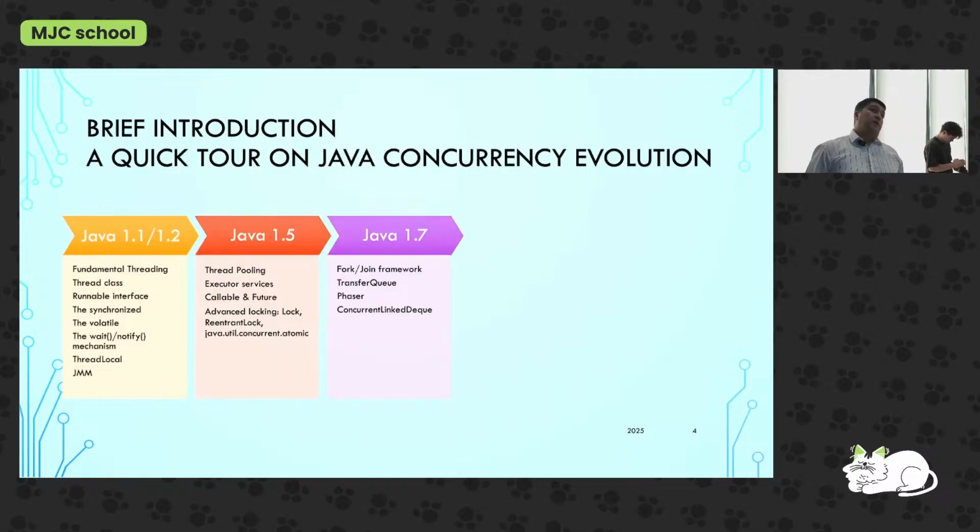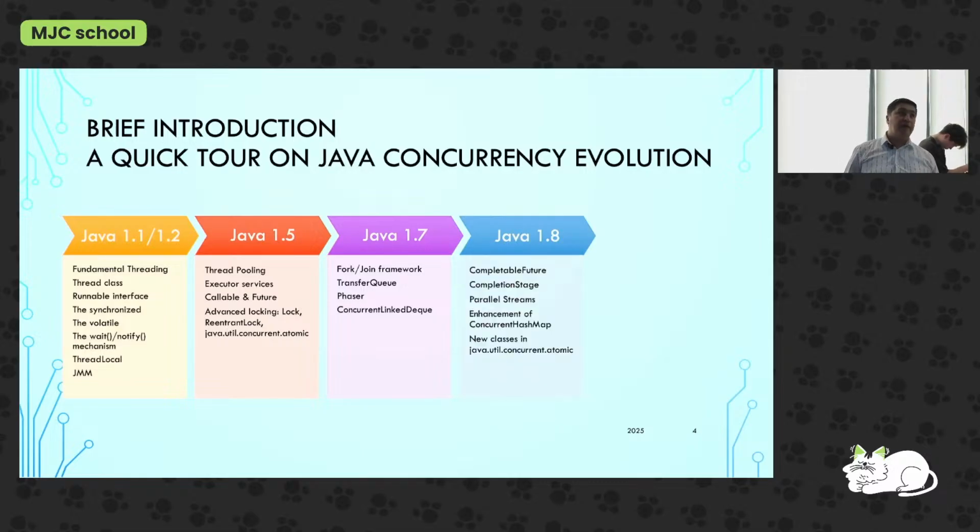As you know, Java evolved and improved its toolbox for concurrency, introducing things like thread pools, executor services, and so forth. In Java 1.8 major enhancements and new features were introduced, like CompletableFuture, parallel streams, and atomic classes.